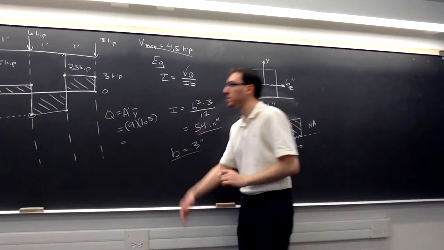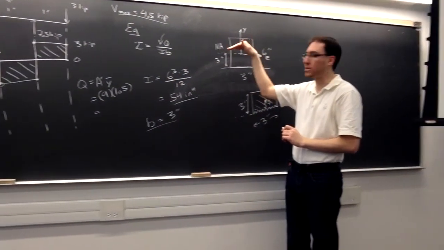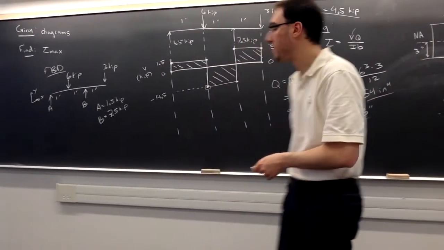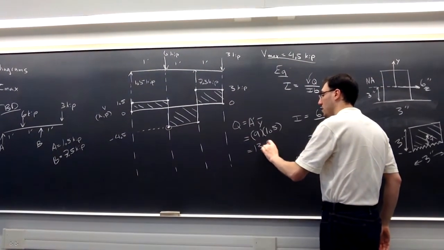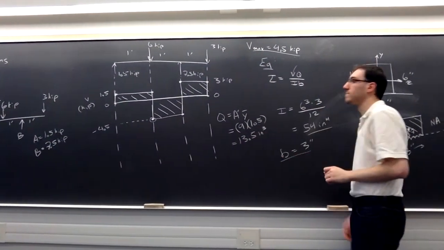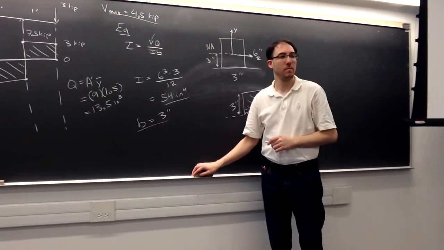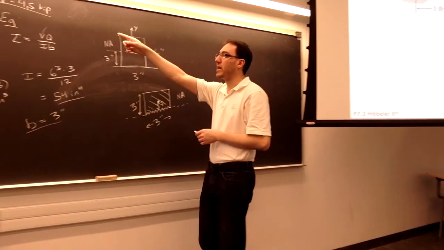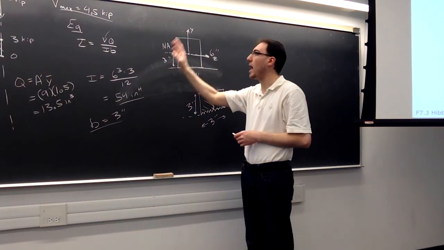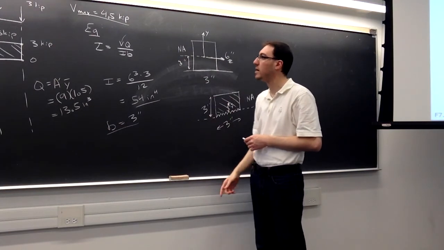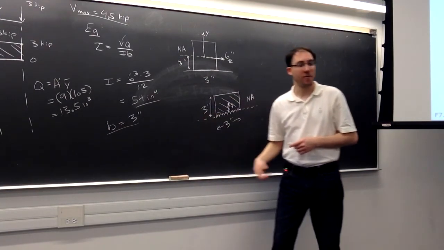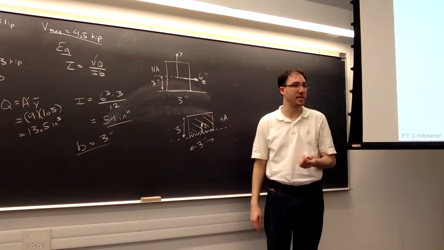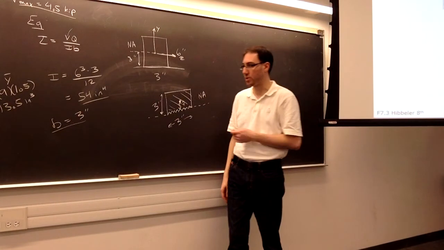So at this plane, which is the one that passes through the neutral axis in this case, my value of Q is going to be 13.5 cubic inches. So I have the V from the VM diagram, I have the I from the entire cross-sectional area, and I have B and Q from knowing that I want to analyze it at the neutral axis if my interest is finding the maximum shear stress.